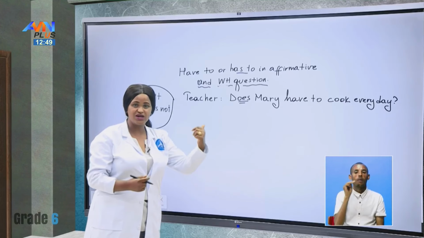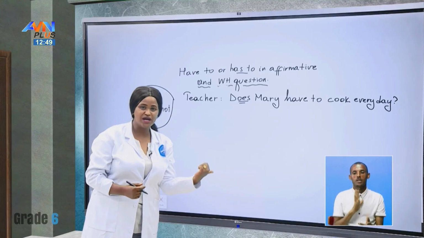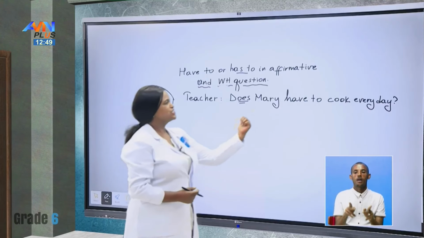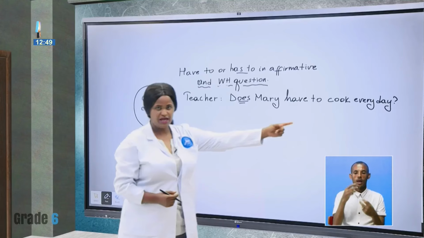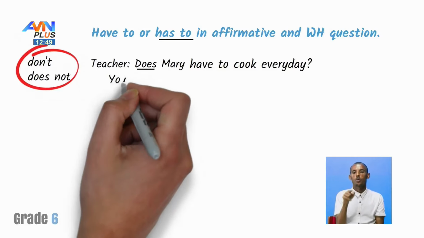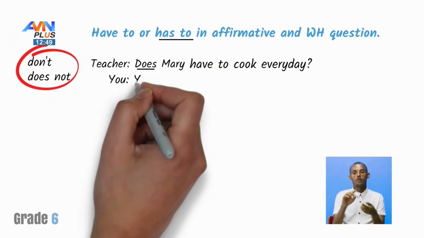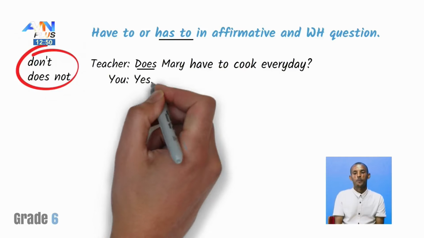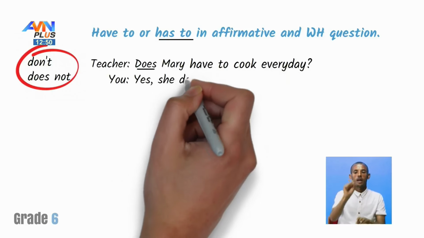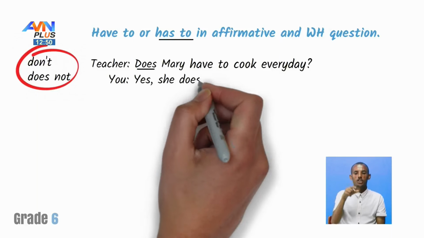And Mary is our third person. And we use what? The third person subjects, right? Okay, so does Mary have to cook every day? And you, what do you say? Tell your answers to your parents or your friends around. Do you say, yes, she does? Yes, she does.